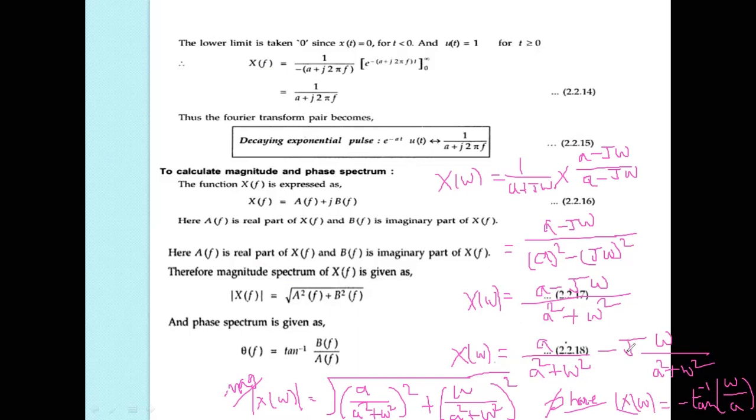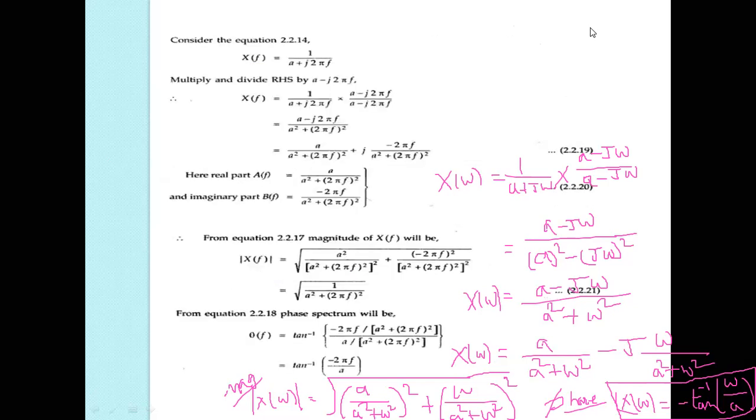X is positive and y is negative, which means the fourth quadrant. In the fourth quadrant the phase angle is minus tan inverse y by x. In the first quadrant it is plus tan inverse y by x. In the second and third quadrants, in one you have to add 180 degrees, in the other you have to subtract 180 degrees. Now we got the magnitude and the phase. Using omega equal to 0, omega equal to infinite, and so on, take the values.